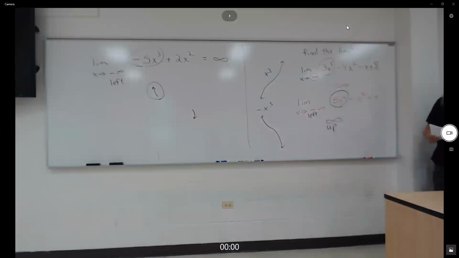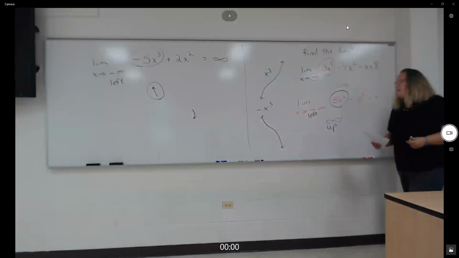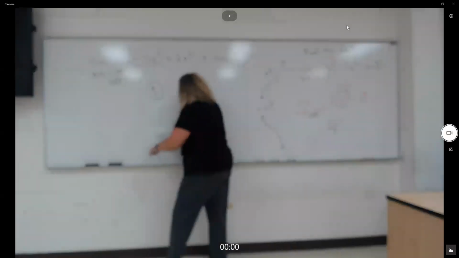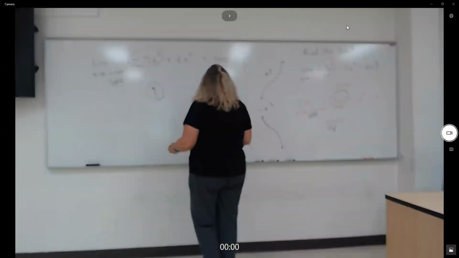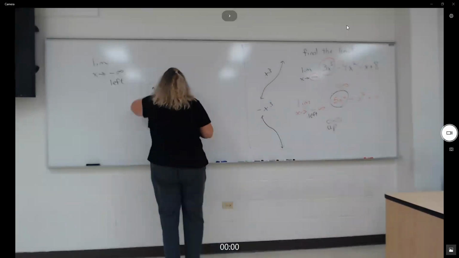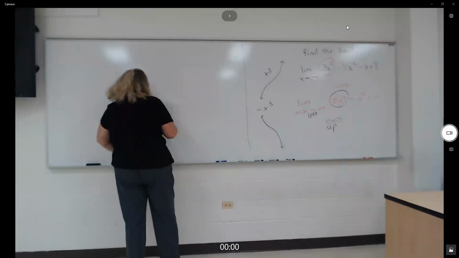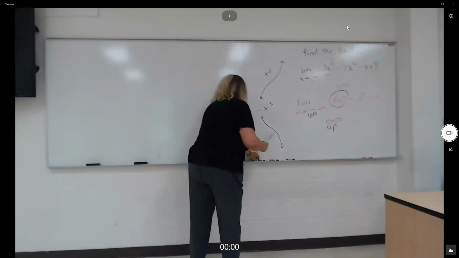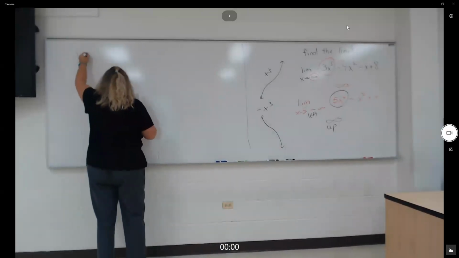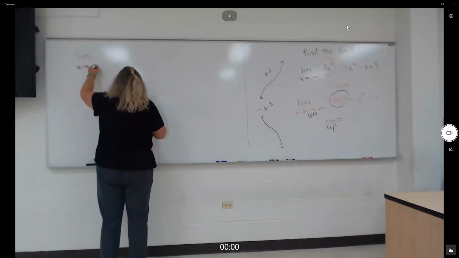All right. Last one, let's move on with rational functions, which we were doing earlier, but going to infinity. So let's do this. Last type. Let's look at the limit as x approaches infinity.